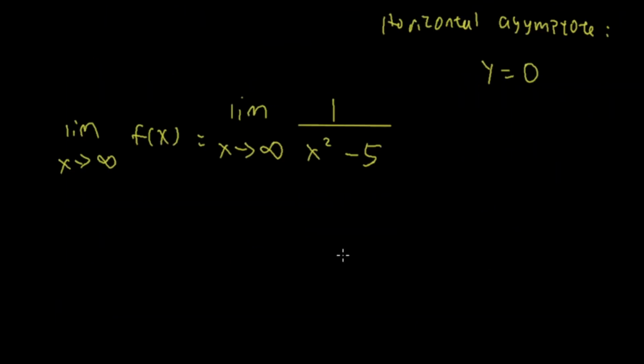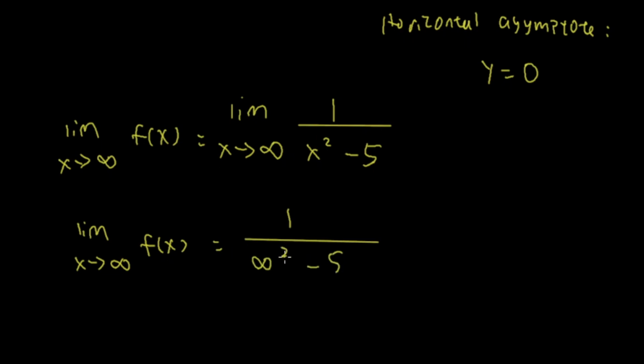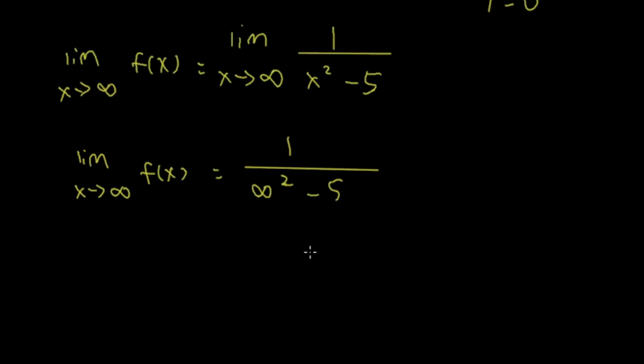Now, you can directly plug infinity into x here. So the left side will stay the same, and the right side is 1 over infinity squared minus 5. Now, infinity squared is a really, really large number, so 1 over a very, very large number is close to 0. So the limit as x approaches infinity of f of x is equal to 0.